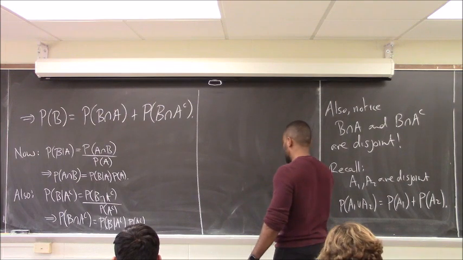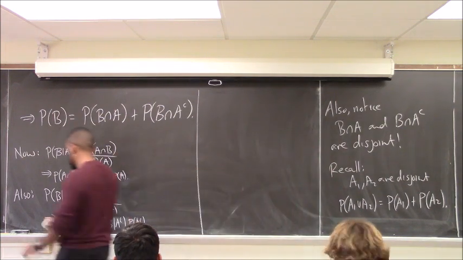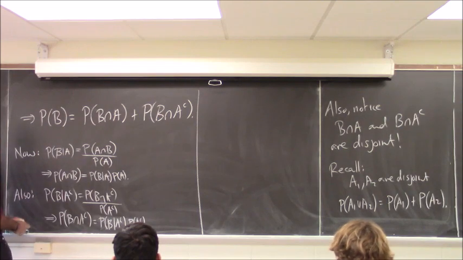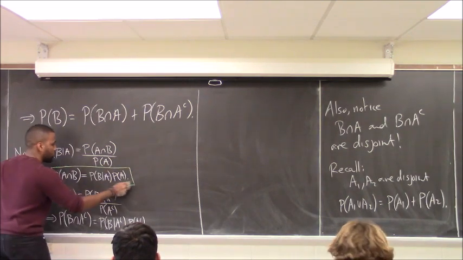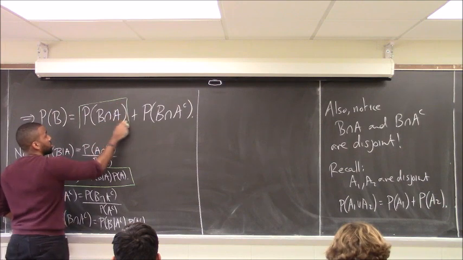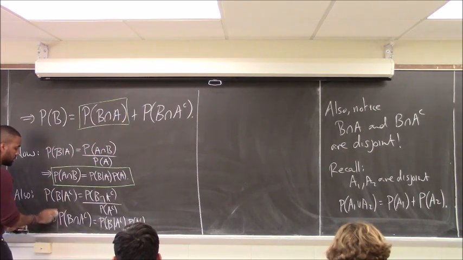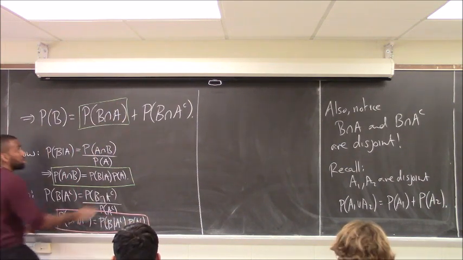Now what I want to do is plug these into the original formula. So I have this thing, I'm going to plug that in here. And I have this thing, I'm going to plug that in here.